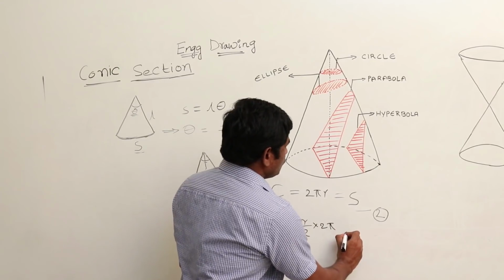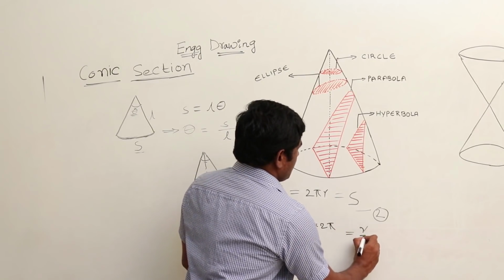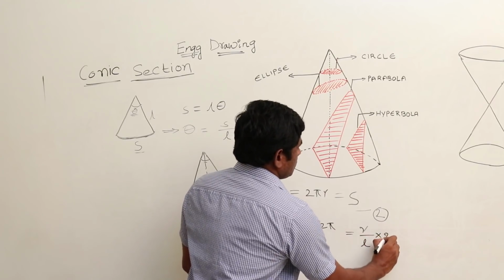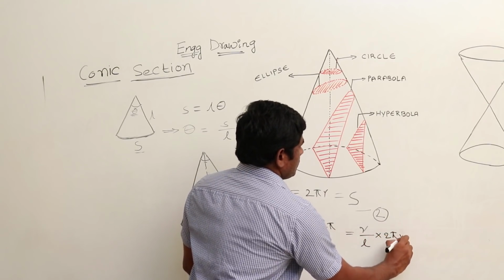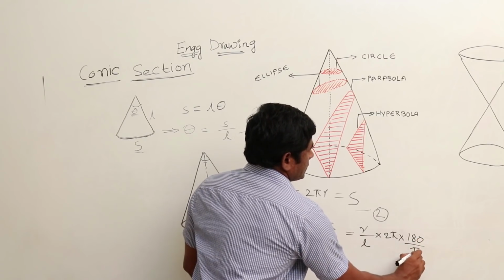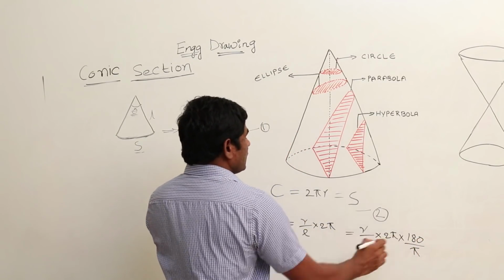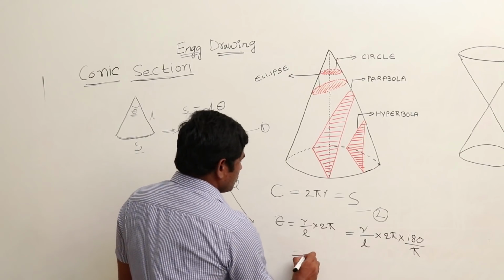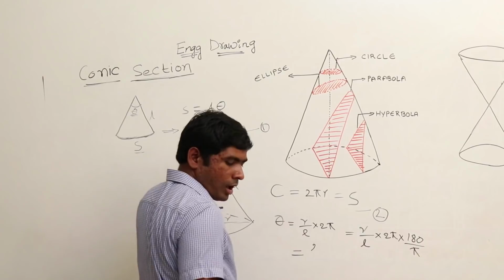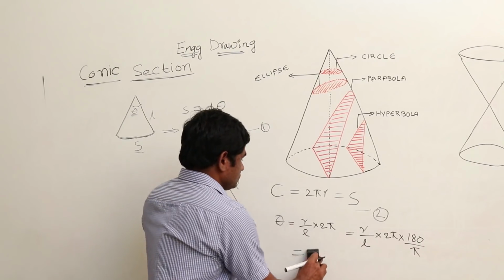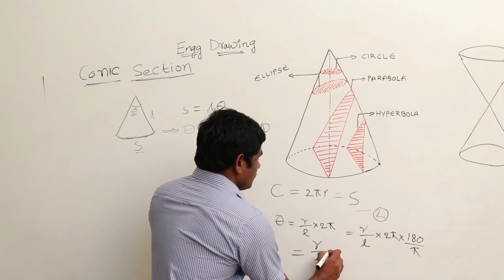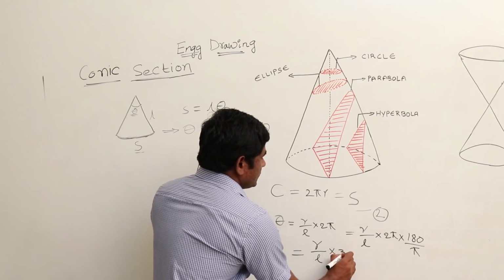So here I write r by L into 2 pi into 180 by pi. This pi will get cancelled, and finally you will get r by L into 360 degrees.